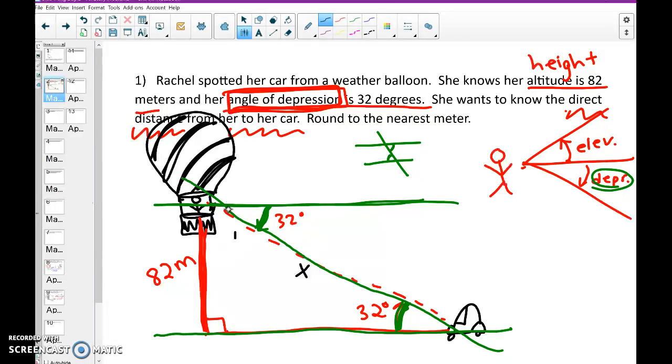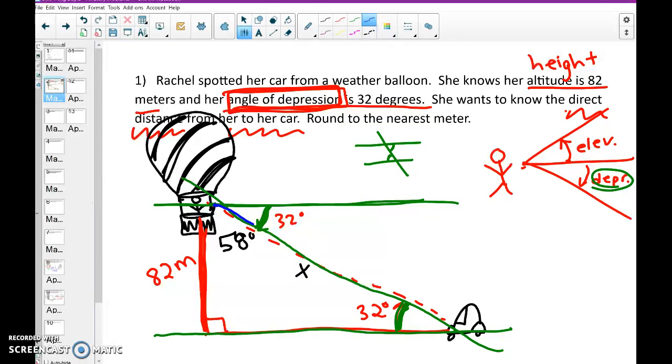Okay, this angle plus this angle have to make a 90-degree corner. Well, if this is 32, then to make 90, this has to be 58 degrees. So maybe you didn't know this part, but you knew this part, and you could make a triangle that way and use the 58 degrees like that.